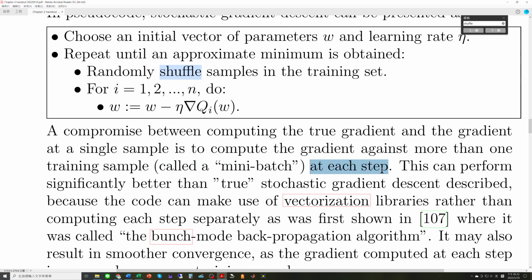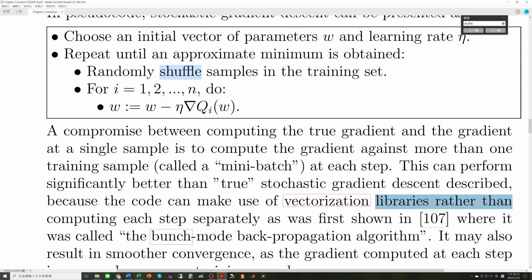At each step, this can perform significantly better than true stochastic gradient descent described, because the code can make use of vectorization. We will introduce what vectorization is later.